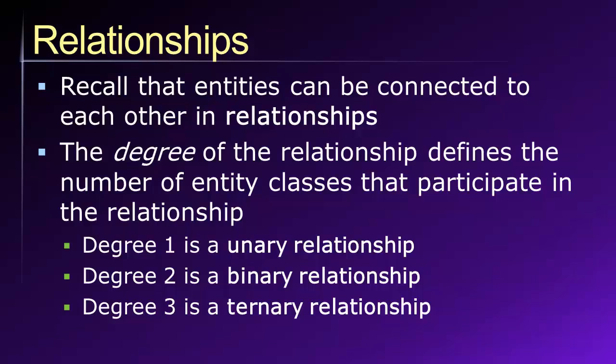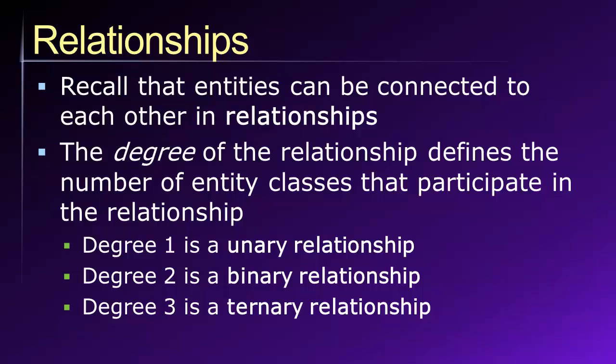A department, for example, can have many different employees, or a customer can place many different orders, or a product can have many different suppliers. These are all examples of relationships among entities, relationships among business concepts.